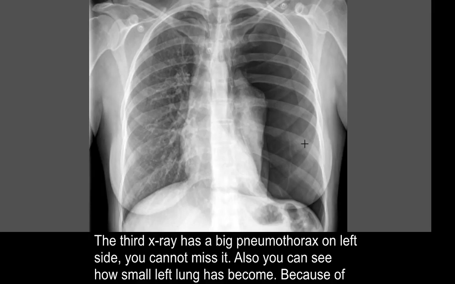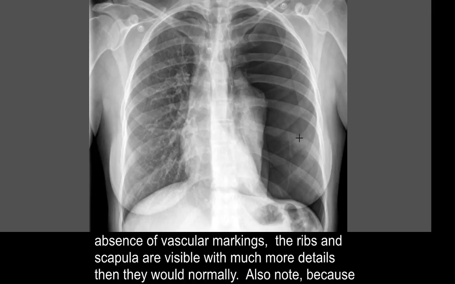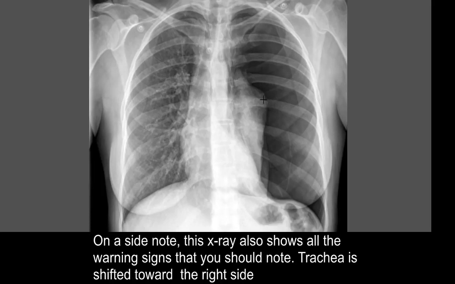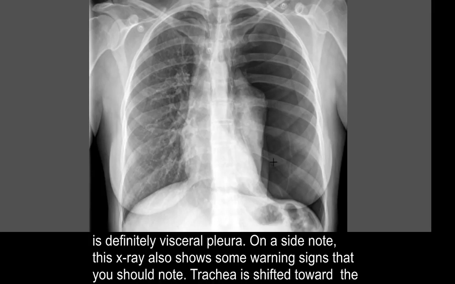Also, you can see how small the left lung has become. Now, because of absence of vascular markings, the ribs and scapula are visible with much more detail than they would normally be. Also note, because there is a total collapse of the lung, you cannot see the visceral pleural line clearly, but the outer line is definitely visceral pleura.